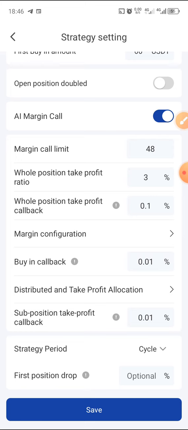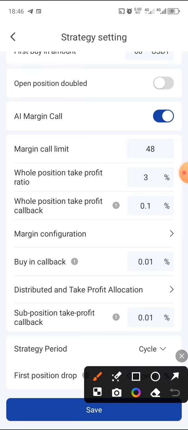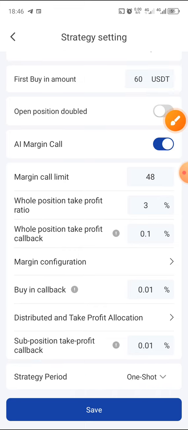So make sure that the strategy mode period is in one shot, because according to the current market situation, cycle mode will not be a good choice.